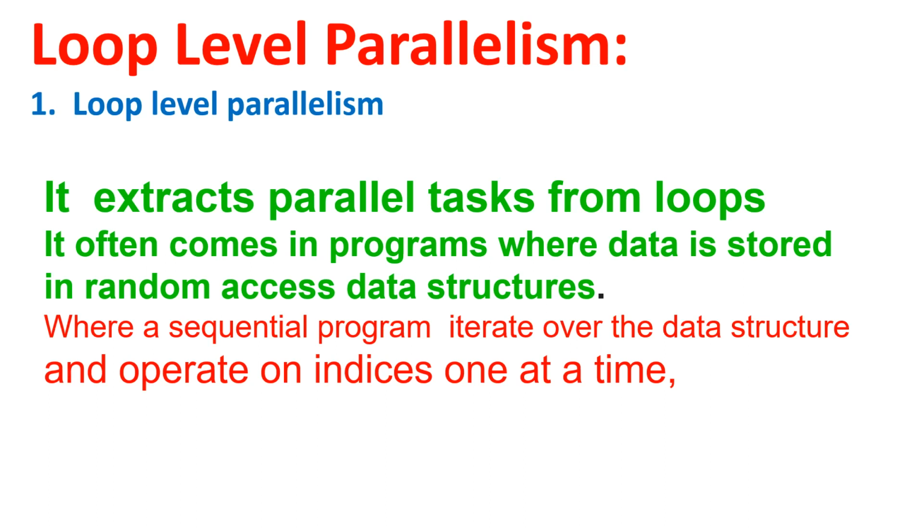So in such a data structure, a program or loop can iterate over the data structure, because it uses indices. It uses an index to get any particular value from a random access data structure.